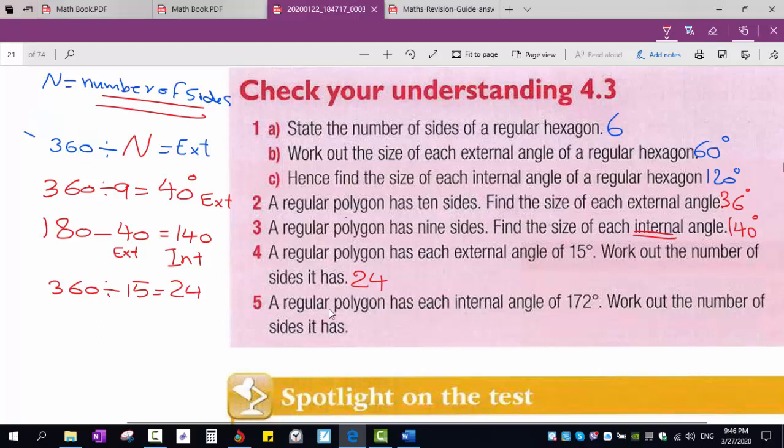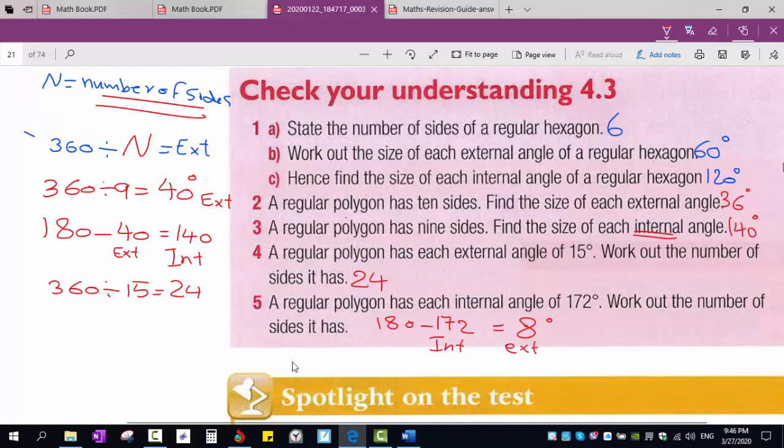Question 5. A regular polygon has each interior angle 172 degrees. Work out the number of sides it has. So we have the interior. We need to work out the exterior. Then 360 divided by exterior gives number of sides. 180 minus 172 is equal to just 8 degrees. So this 172, as it's given in the question, is the interior angle, and this 8 is the exterior angle.